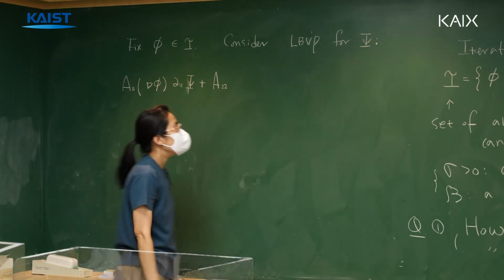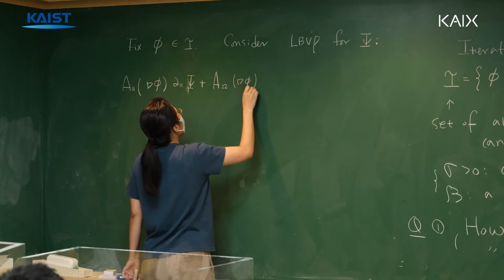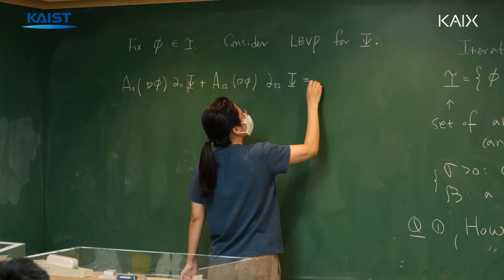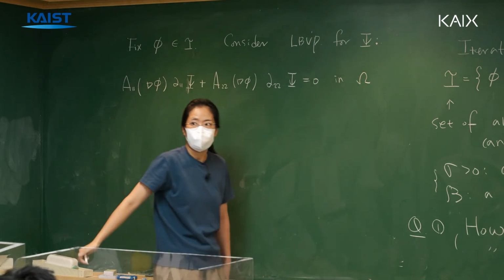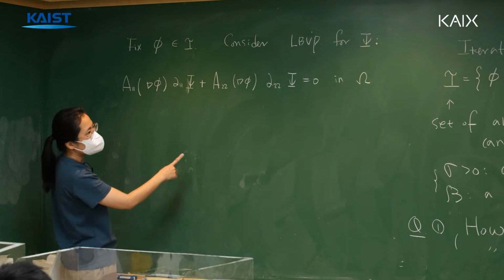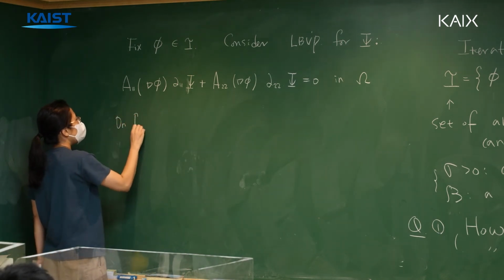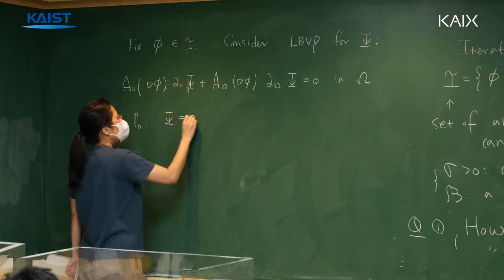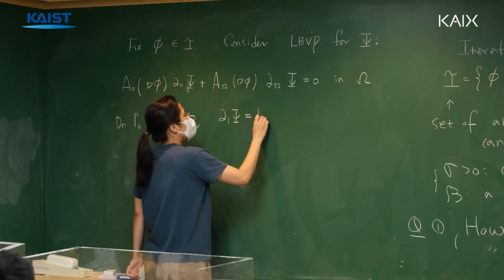Not small psi. So A22 of grad phi, D22 of big psi equals 0 in omega, okay? And then the boundary condition is going to be the same. On gamma 0, we require that big psi is 0 and D1 psi is h.